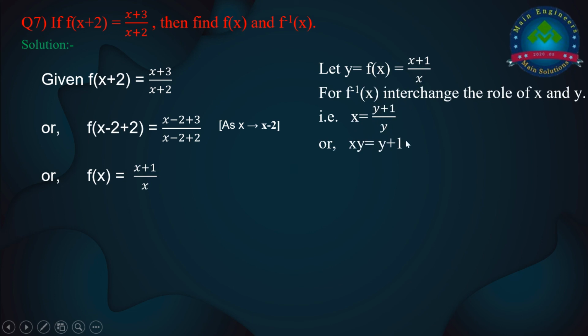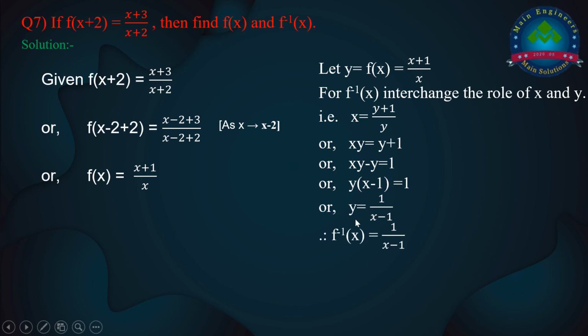So xy is equal to y plus 1, xy minus y is equal to 1, common y into x minus 1 is equal to 1, and y is equal to 1 by x minus 1. So this is the inverse of the function. So f inverse x is equal to 1 by x minus 1. In this way we can find the inverse of the function.